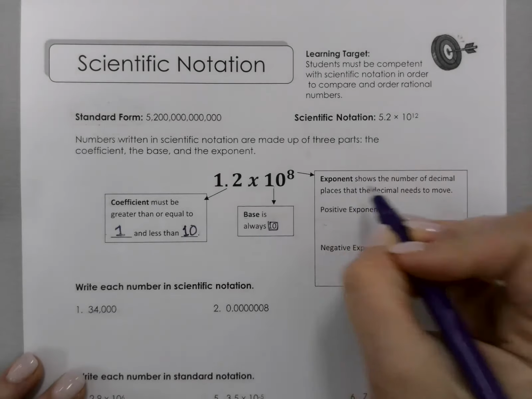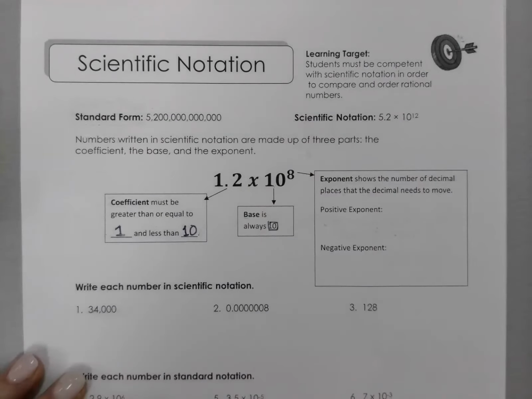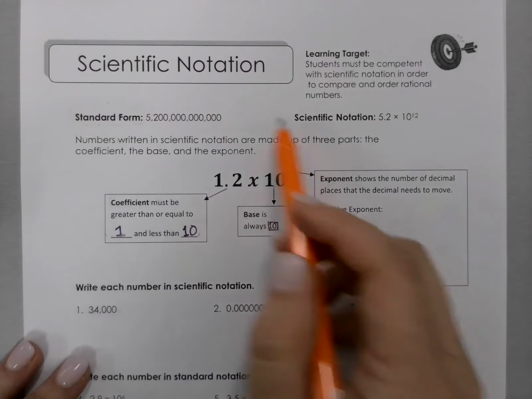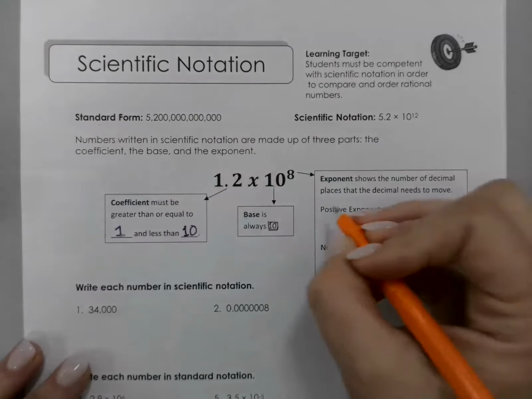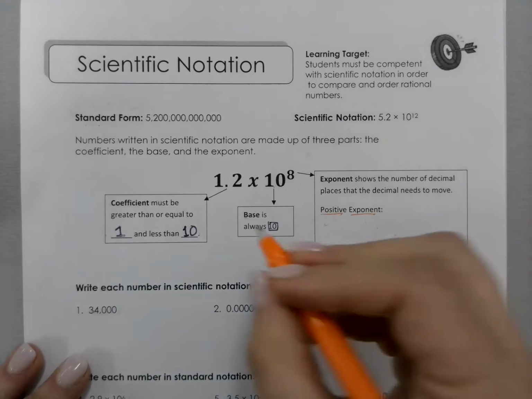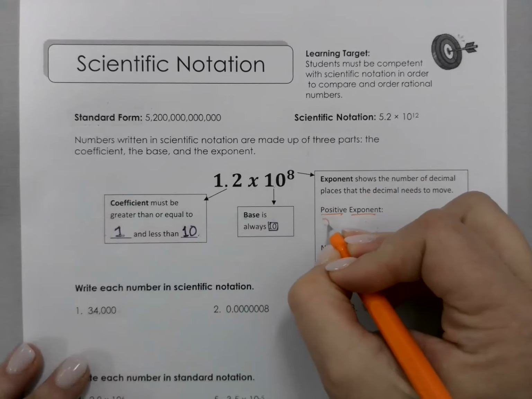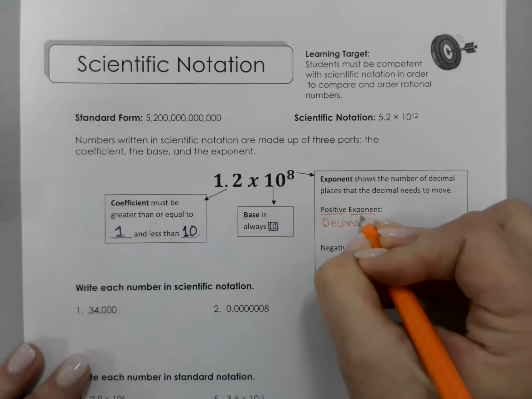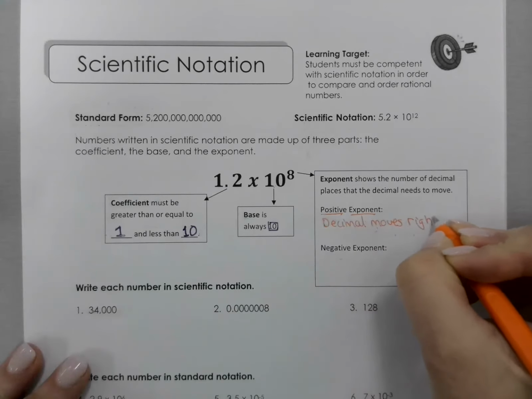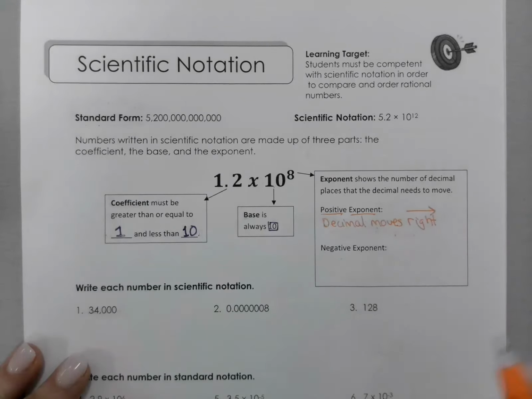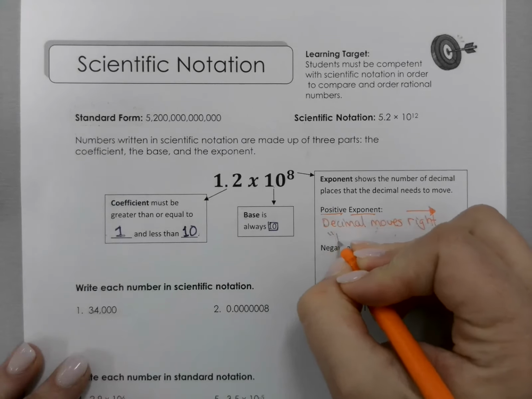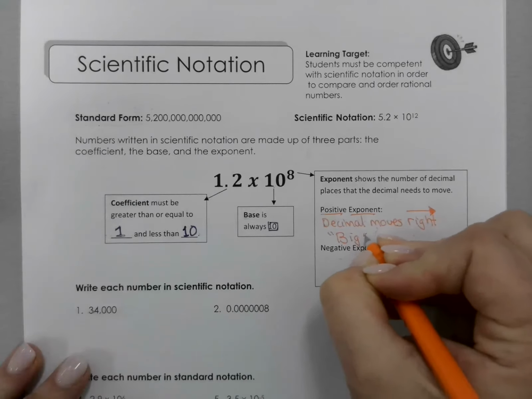But the exponent will show how many places a decimal moves when you convert a number from scientific notation to standard form. So if I have a positive exponent, that indicates the decimal will move right. The decimal moves to the right. And with positive exponents, I'm going to see a big number.